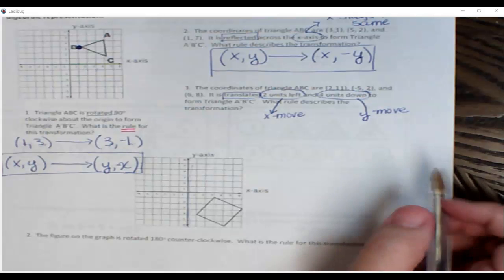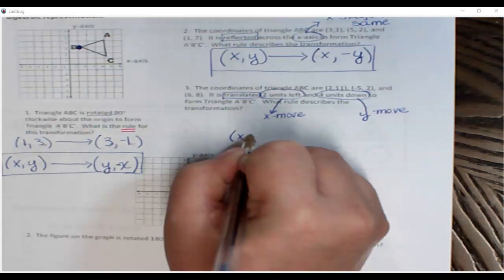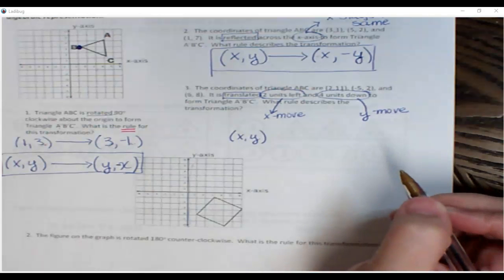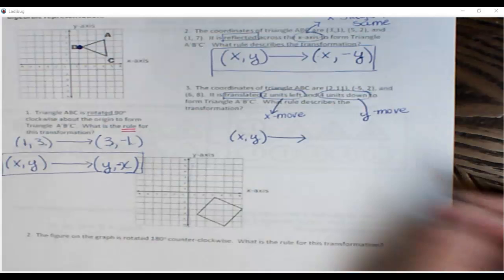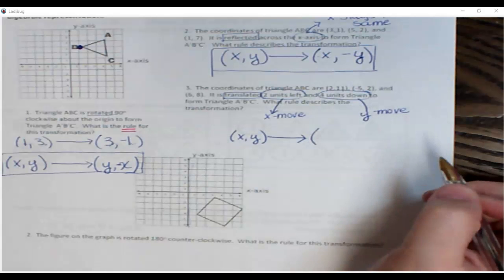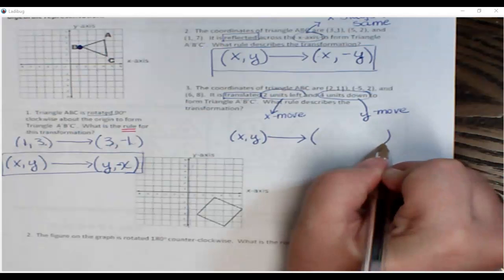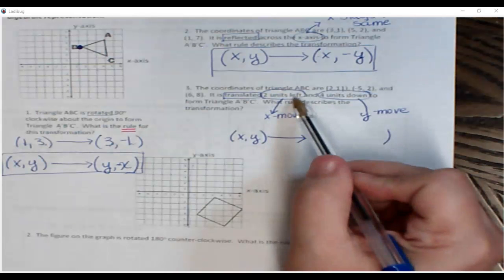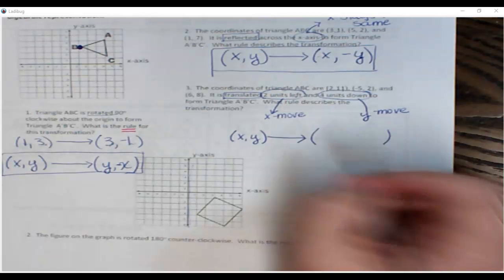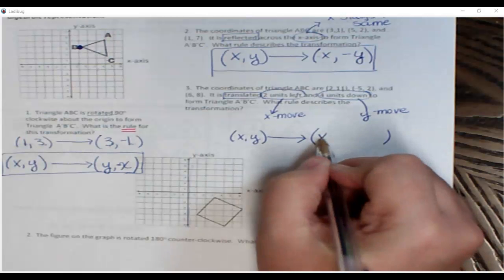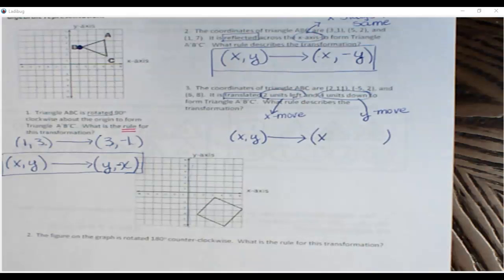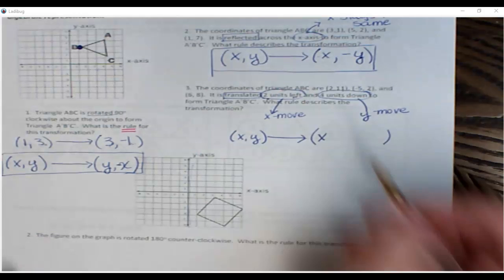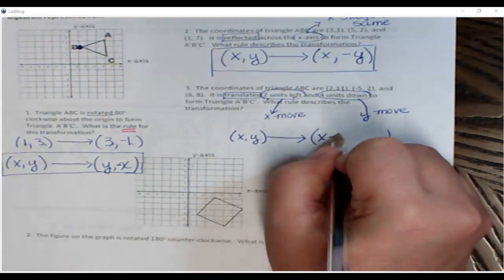All right, so let's start devising our rule. Again, we always start out with x, y, our original point. We're going through a translation process, and we end up with a new point. Well, now we have to figure out, these are just directions. So we have to tell it my x is going to move 2 units to the left, that is going to be x minus 2.